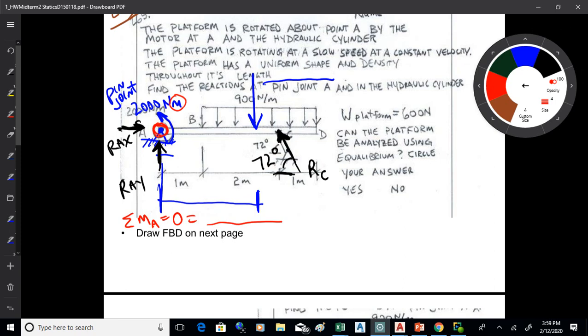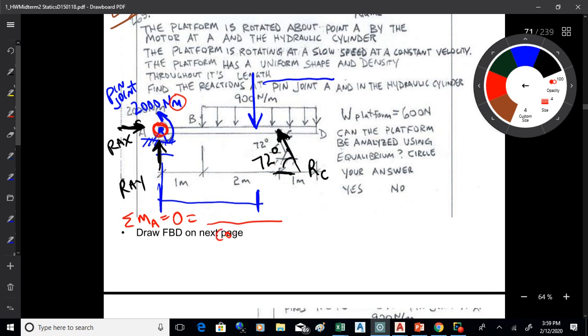But that's a couple coming off of a motor. That's going to twist that platform, okay? So that will just go in there as a couple. Okay, you're going to have that blue force there, that's negative, force and moment arm. And then you're going to have a little bit of trig going on there for that RC. And then you're going to have a moment arm on that.